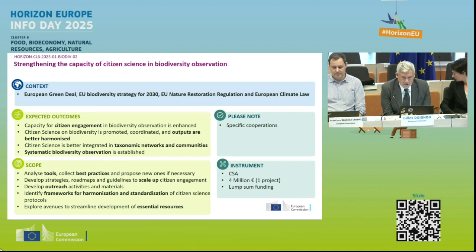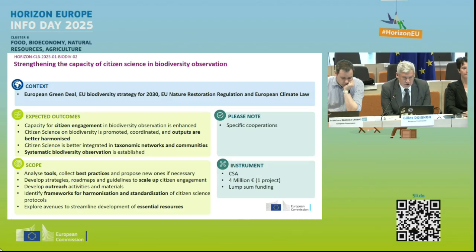And then to collect really the best practices, what are the best tools in all the existing campaigns, and propose new ones if necessary. The project should also develop strategies, roadmaps, and guidelines to scale up citizen engagement and test them on the ground with protocols, for example, with some key stakeholders on the ground, but also with young people, for example.